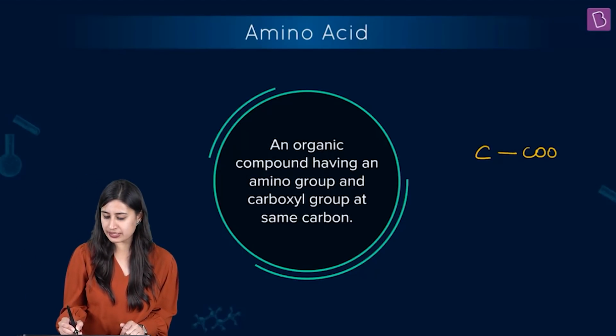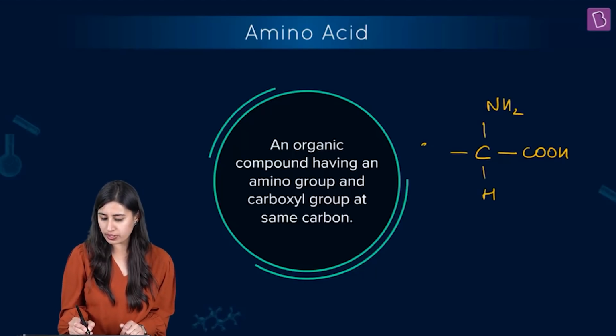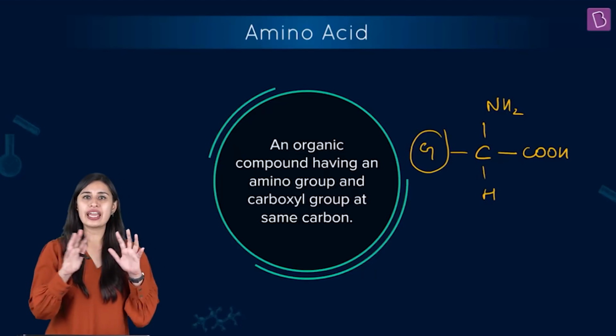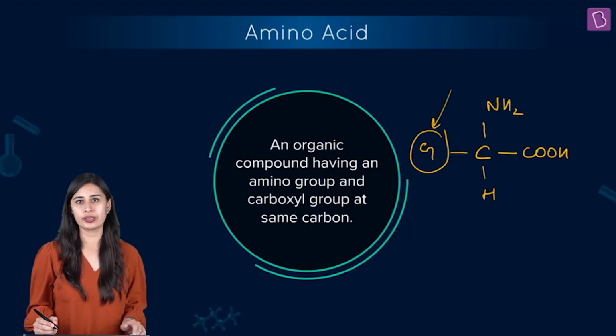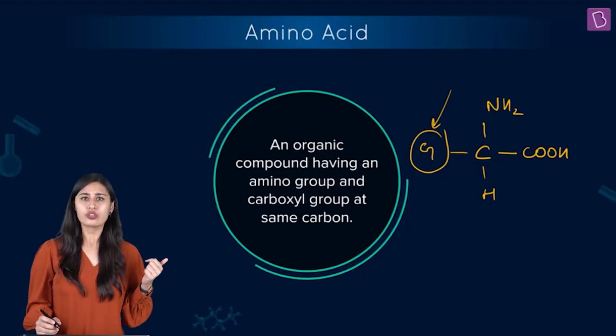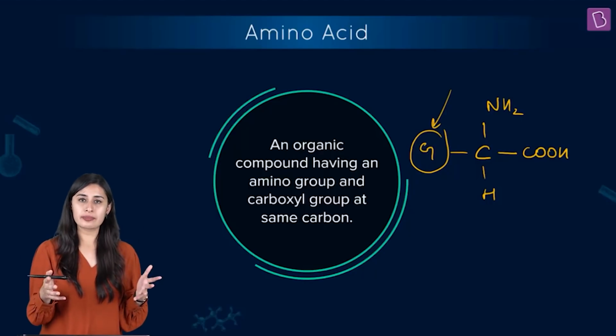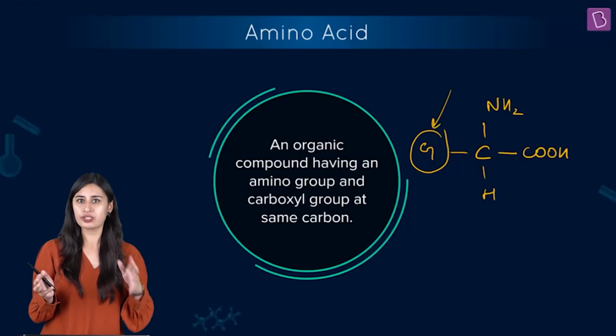Same carbon has this COOH and NH2 and one hydrogen. This is the common structure for any amino acid. All that changes is this R group out here. That's it. So it is very easy to remember. That's why I'm saying it's better to remember them with the structures.